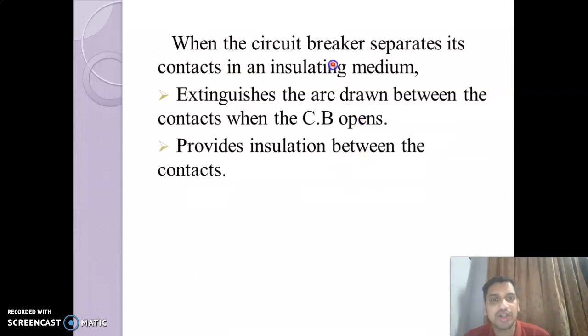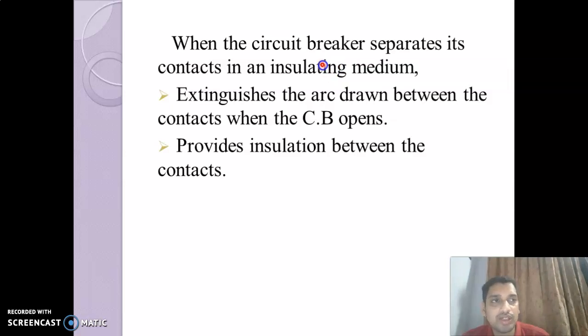The circuit breaker consists of two contacts, fixed and moving contact, and an insulation medium like oil, air, or SF6 is filled inside the circuit breaker. During the faulted condition, the contacts get separated in the insulating medium.